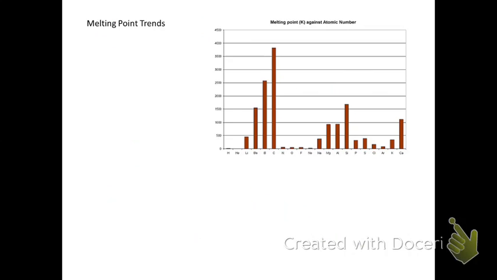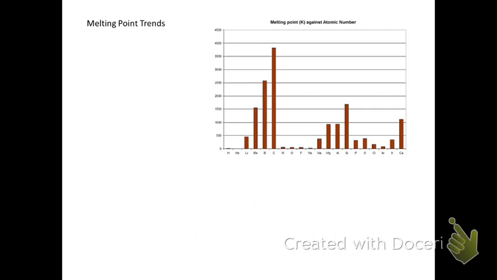Alright, so now that we got the trends going down for Group 1 and 17, let's look at the trends going across a period in the periodic table. So if you look at this graph that we have here on this page, you will notice that we'll start with period 2. This shows period 1, period 2, and period 3.